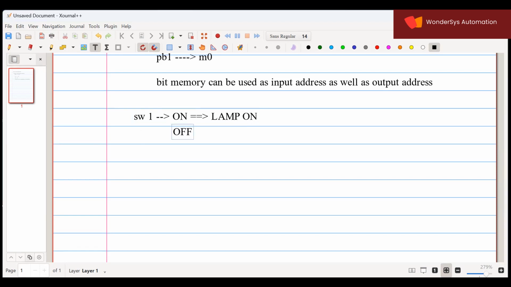Now switch off, I'll directly write the lamp status, so lamp should be on. Now again switch on, lamp should be on. When I make switch off, lamp should be off. Now you have to do this problem using memories.